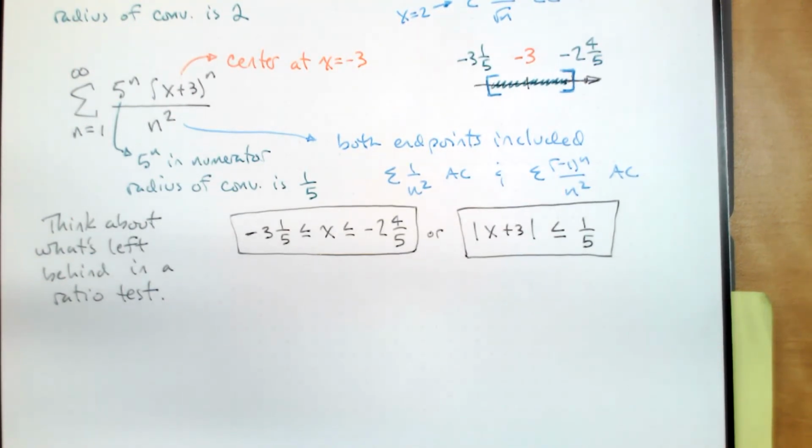Exponential stuff leaves behind constants. Polynomial stuff doesn't matter in the ratio test. Factorials leave behind n.